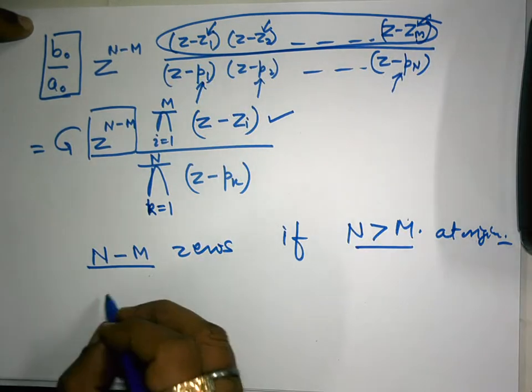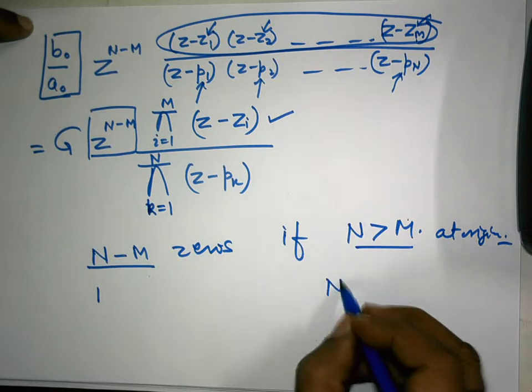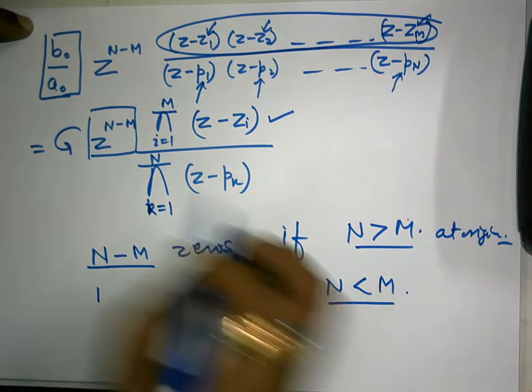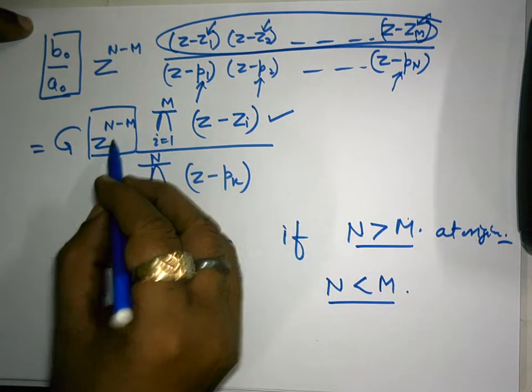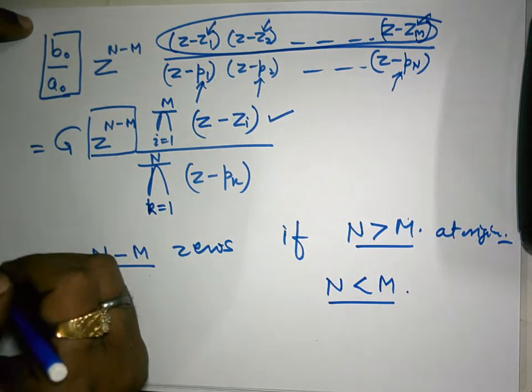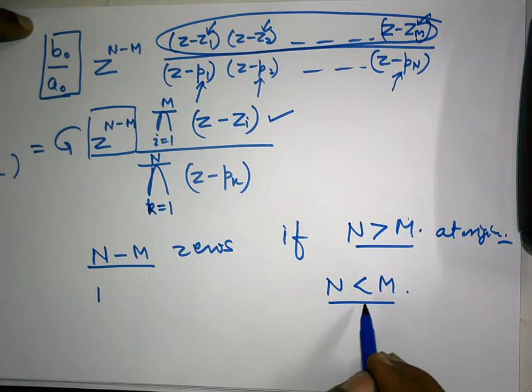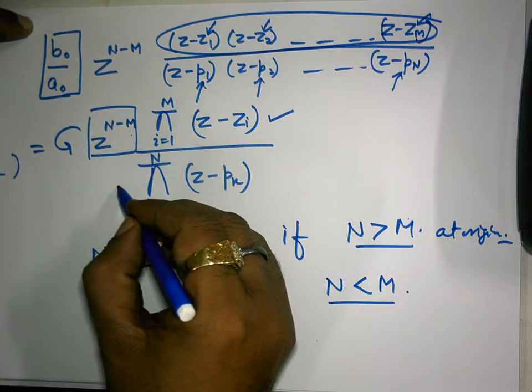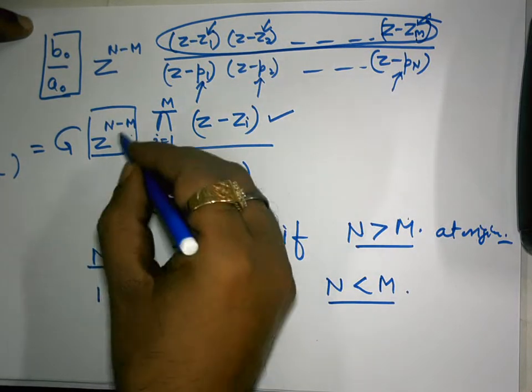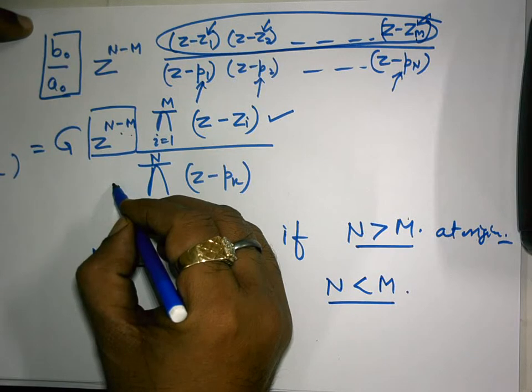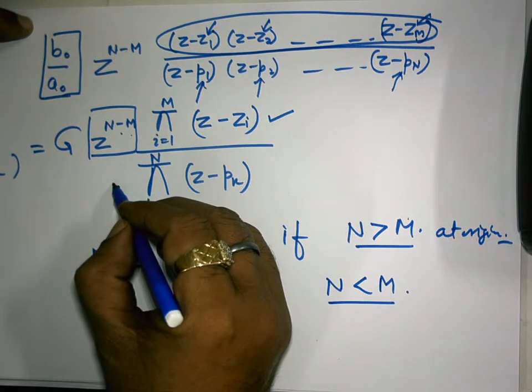Okay, and if n is less than m, then naturally this will be some z to the negative power, so naturally it will come in the denominator. This term in that situation will come in the denominator, and that will contribute to the pole at the origin. Okay, in that situation it will contribute to those number of poles at the origin.